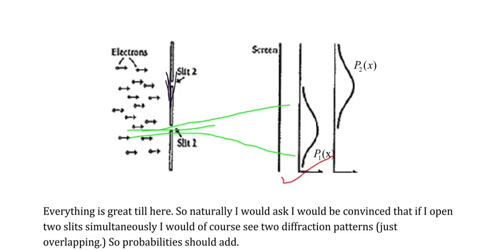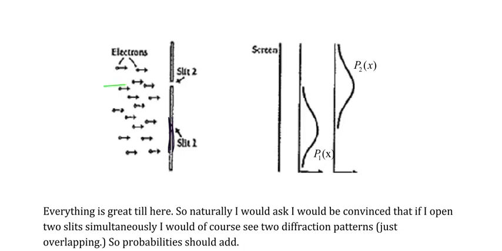So who gives us the P1(x)? The detector. The detector says that the electrons coming out from slit 1 are distributed on the screen according to a mathematical function P1(x). Now what I do is I choke slit 1. I just close slit 1 and allow the electrons to go through slit 2.